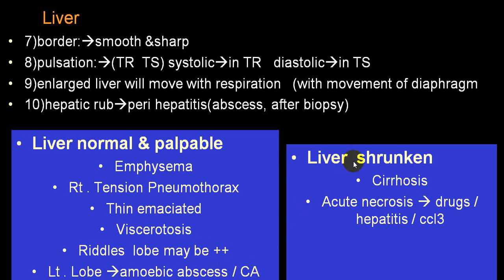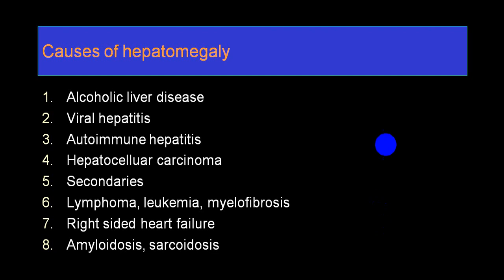The liver will not be palpable or will be shrunken in case of cirrhosis or acute necrosis. And acute necrosis is very characteristic of a drug induced cause, particularly carbon tetrachloride, and occasionally acute fulminant hepatitis.